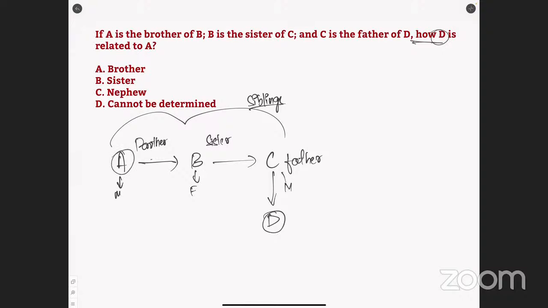Now, out of the options, if you can pick one, which one would you pick? We have brother, sister, nephew, and cannot be determined. Which one do you think is the right answer in this case?